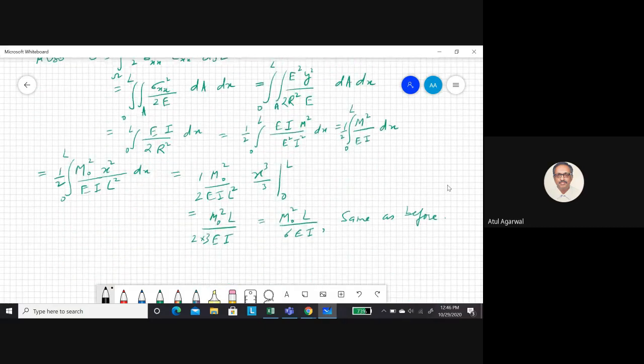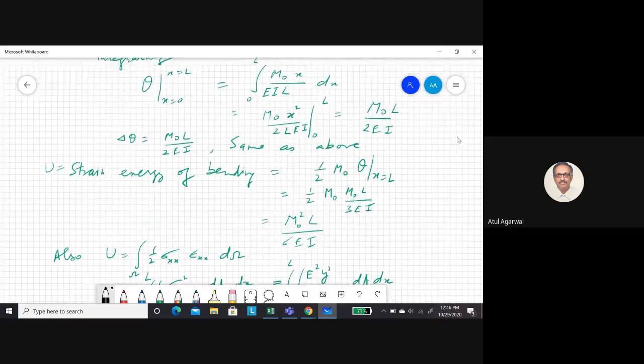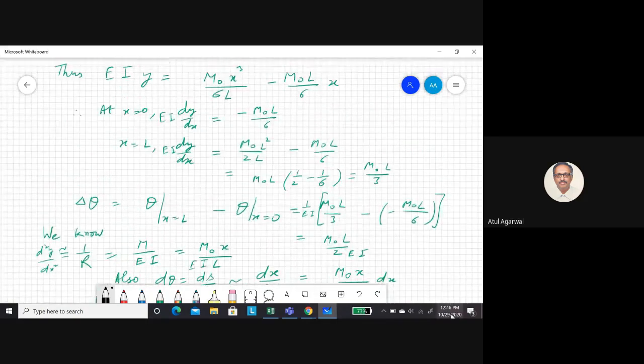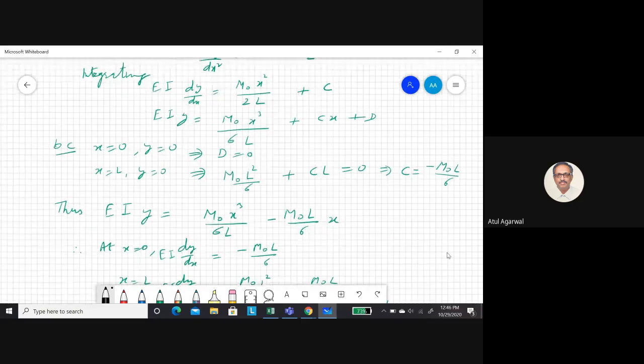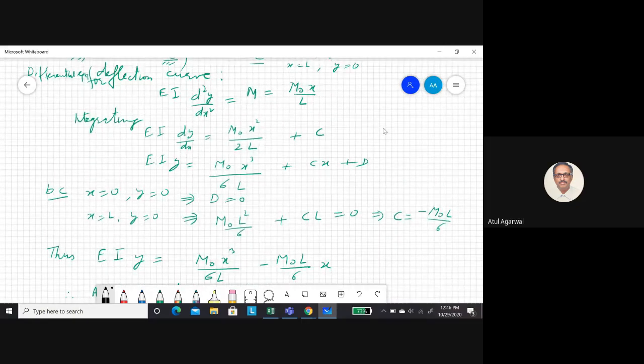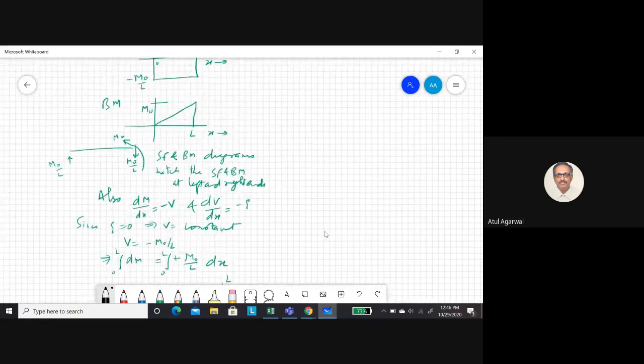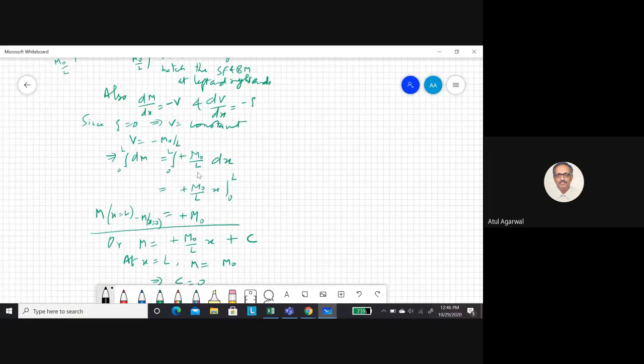I think I've done it before. Now the value of M you put as M naught x by 2. Sorry, M naught into x. You see what is the value of the bending moment: M naught x by L. So that you have to put there.